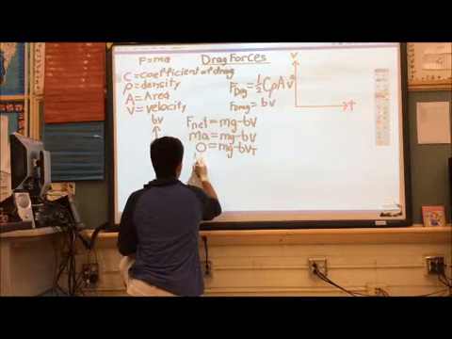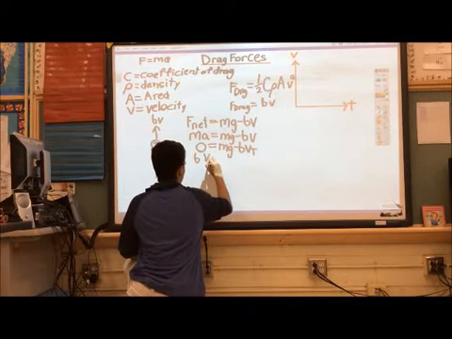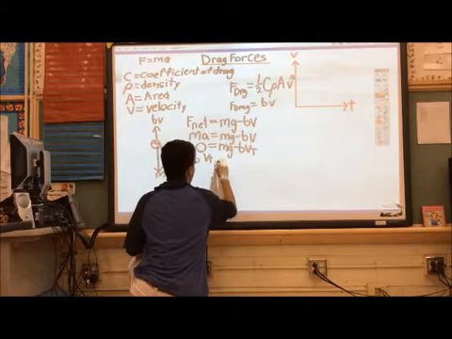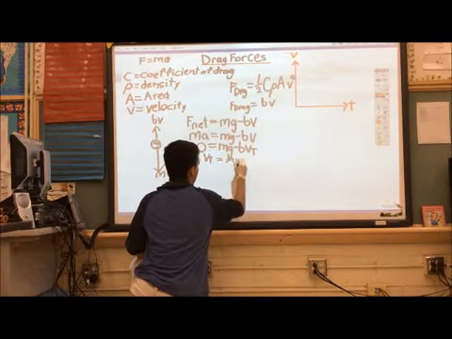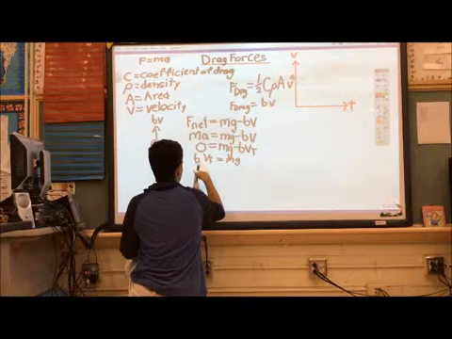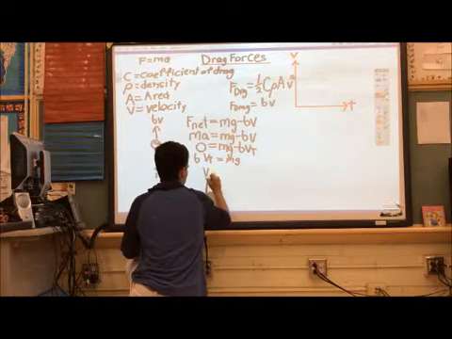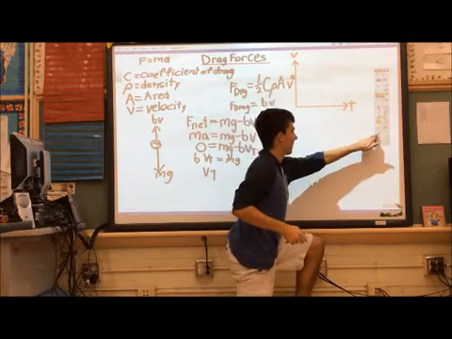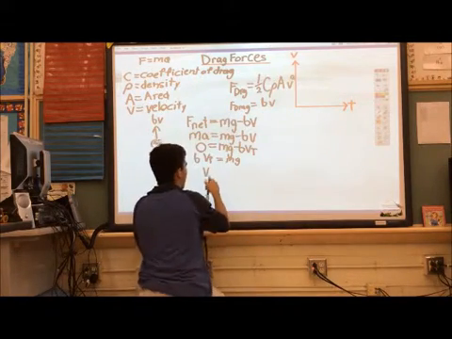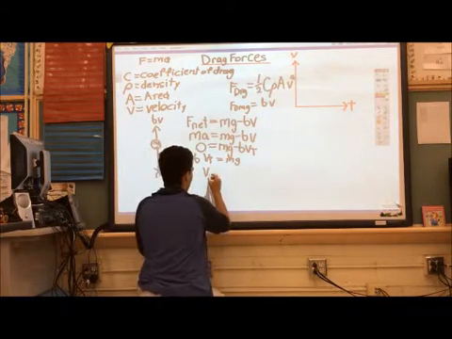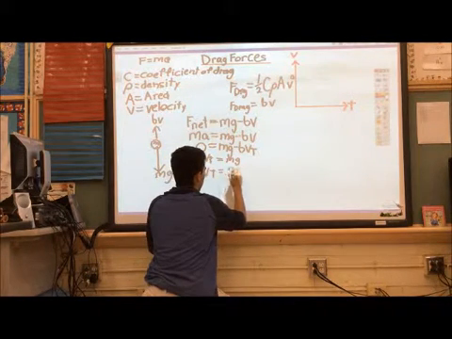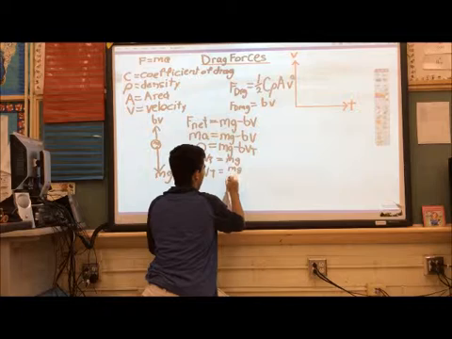So b times terminal velocity is now equal to mg. And then all we have to do is divide by b, and now we have our terminal velocity: mg over b.